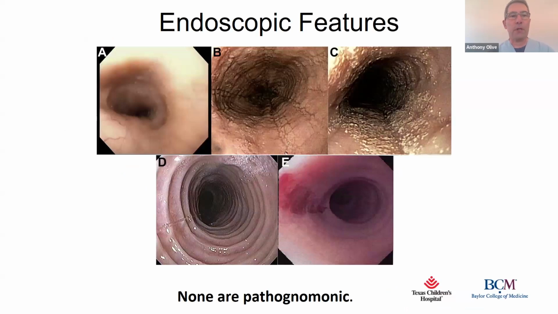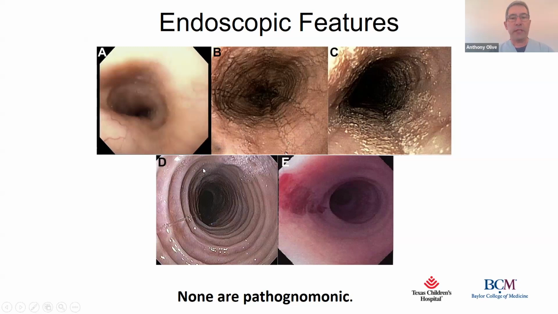So picture A is normal. You see the vascular markings, and then on B, we see the linear furrows that are pretty classic for EoE. C shows the white exudates that represent eosinophilic microabscesses.